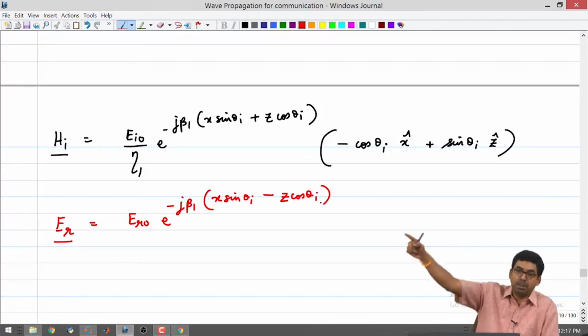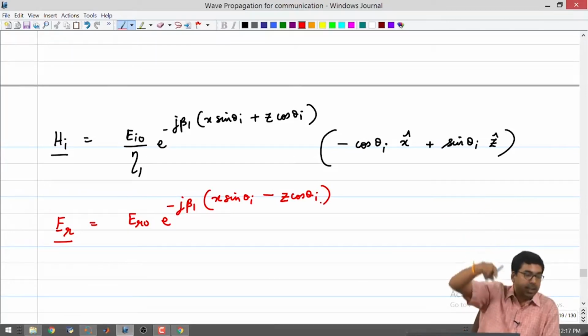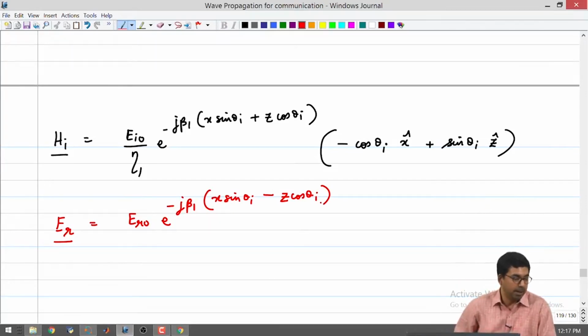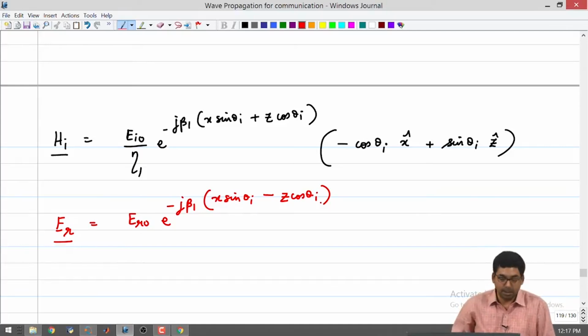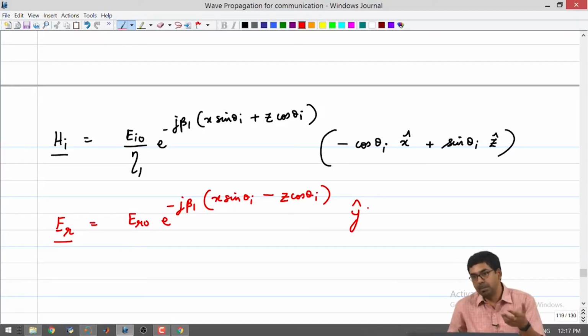So, you need to decompose k in two directions, then you will end up getting x sin theta I minus z cos theta I. Once again, the way I have drawn the diagram, I am assuming that this electric field is still pointing in the y direction. This is an assumption that I am making, but I can be corrected after I finish the entire derivation. So, the point is you can fix the directions in the way you feel comfortable and make the derivation. Once you finish the derivation, the transmission and the reflection coefficients will tell you whether the assumed directions are correct or not.